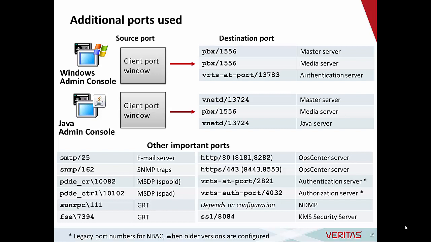NetBackup appliances sometimes have port requirements for remote lights-out management. So again, the relevant documentation, the Security and Encryption Guide for NetBackup, and the security guide for NetBackup appliances has additional detail. That much being said, this slide is a pretty good, pretty comprehensive list of the ports that would be used in NetBackup.